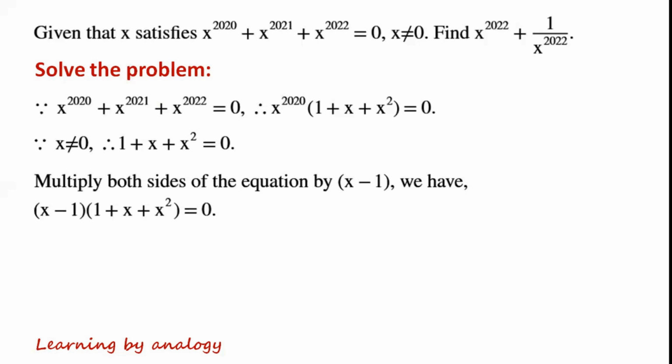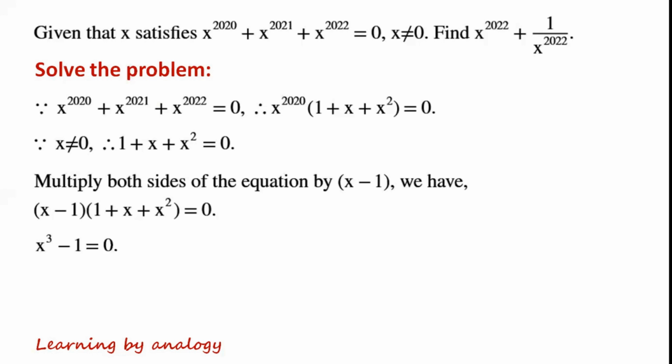By examining the discriminants, we now multiply both sides of the equation by x minus 1. We then have x minus 1 times 1 plus x squared equals 0.